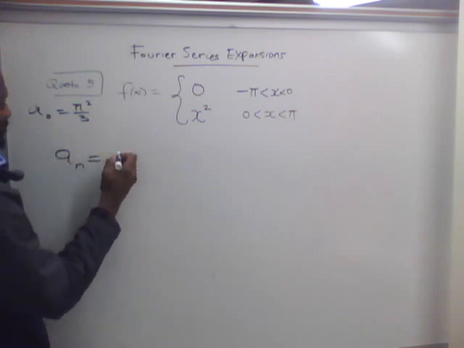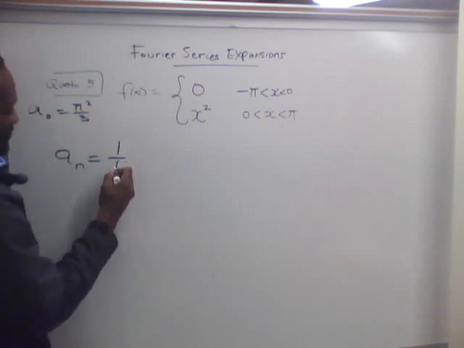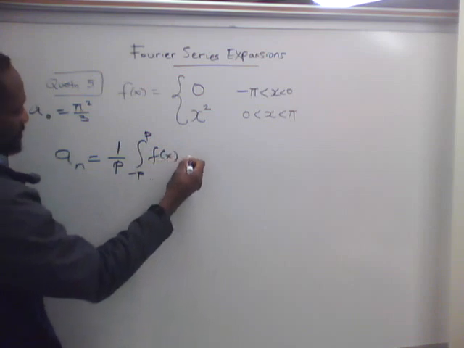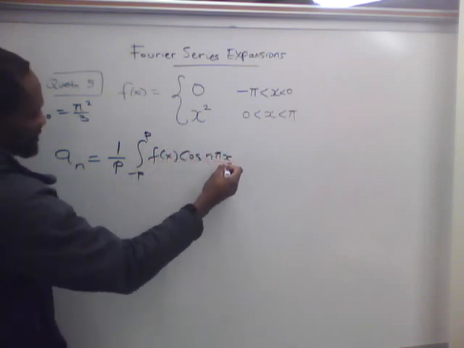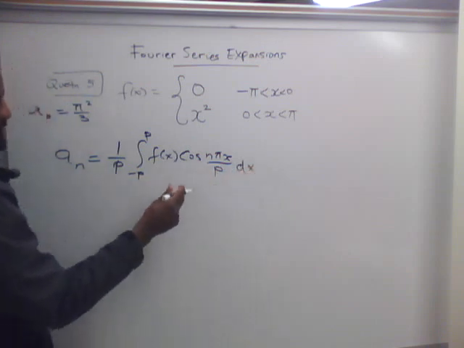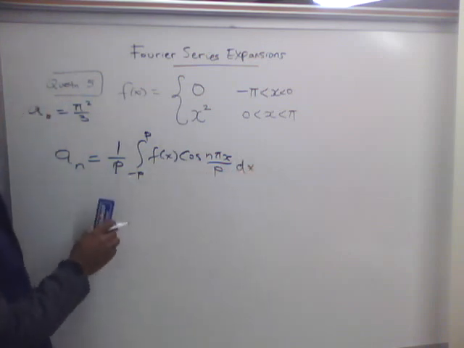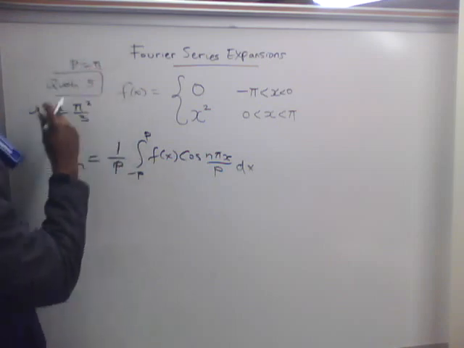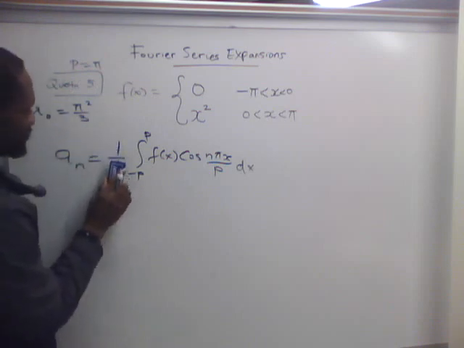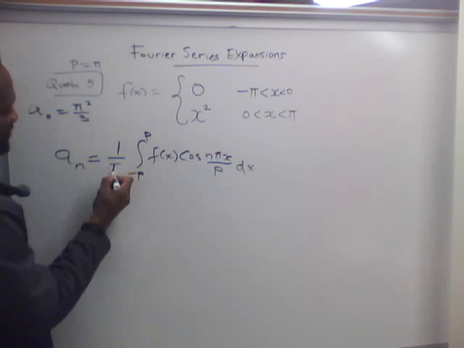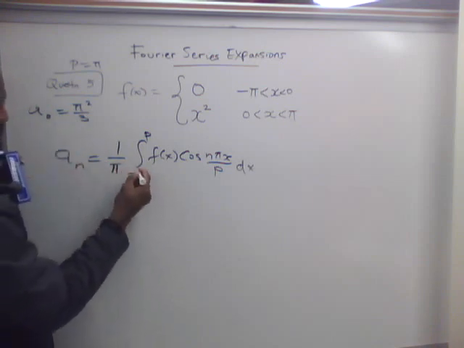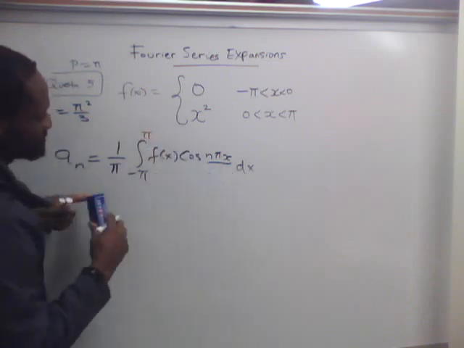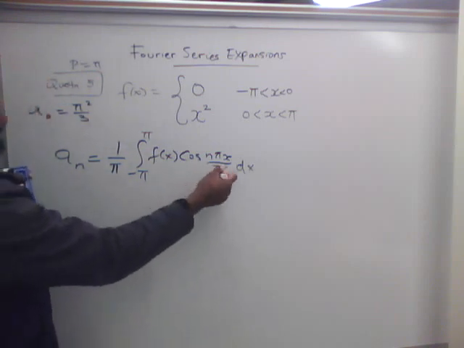The other coefficient for the cosine functions is again an integral of this form. The inner product of f of x and the cosine functions divided by the norm. Again, we've identified P to be pi. So this is easy to integrate, right? 1 over pi, integral from minus pi to pi of f of x cosine nx dx.